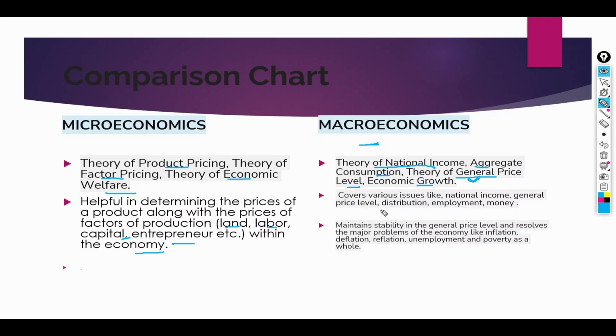Now macroeconomics covers various issues like national income, general price level, distribution, employment, and money. These will come under macroeconomics. It maintains the stability in general price level and resolves major problems of the economy like inflation, okay, and deflation, reflation, and unemployment and poverty as a whole. So the government will be dealing with these things in the mixed economy.